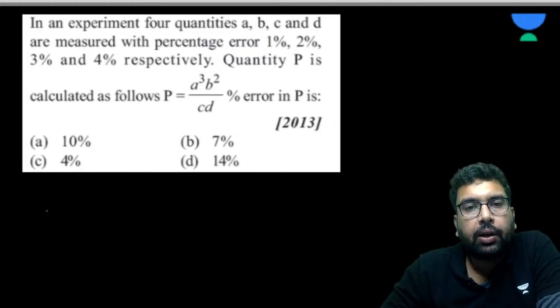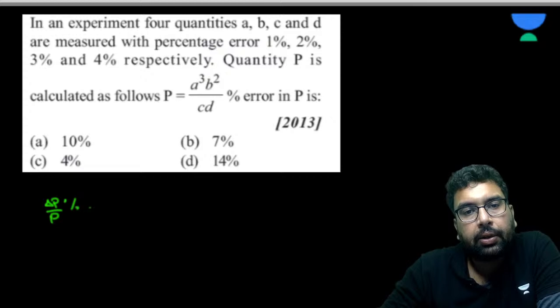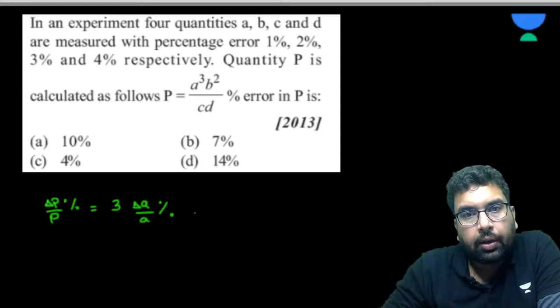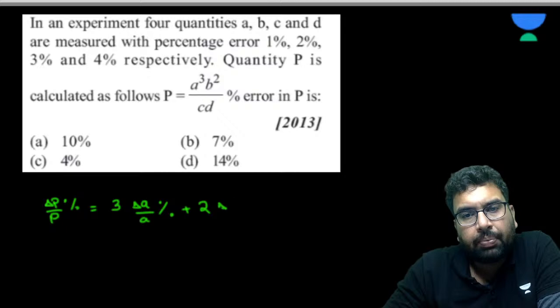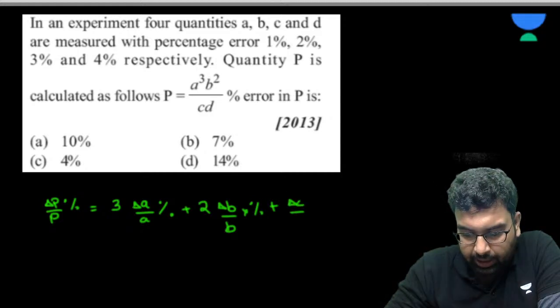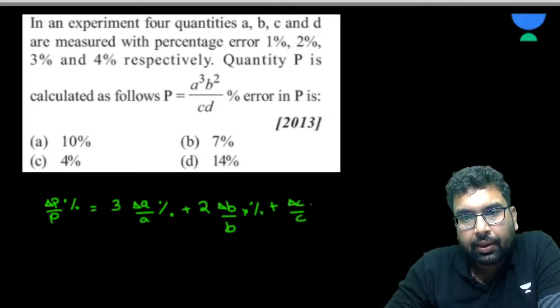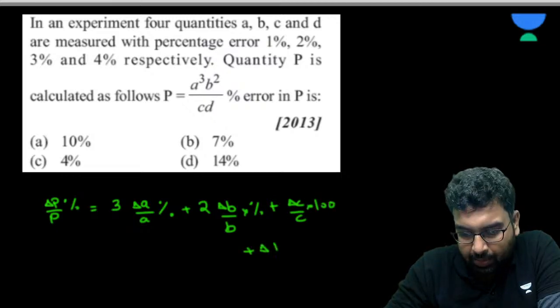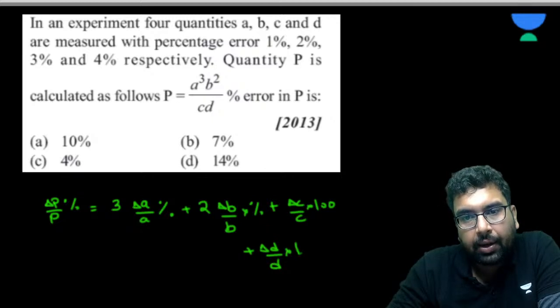Quantity P is calculated as follows: delta P by P percent is equal to 3 times the percentage error in A, plus 2 times the percentage error of B, plus delta C by C into 100, plus delta D by D into 100.